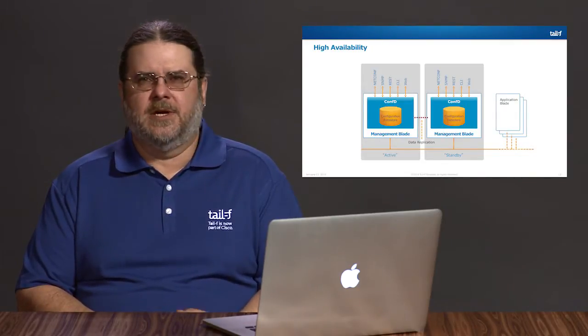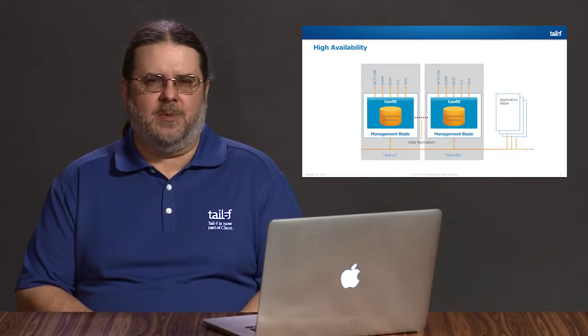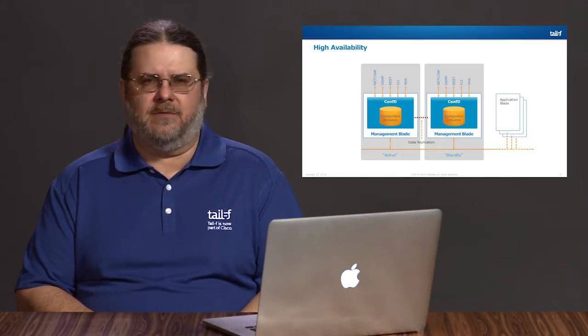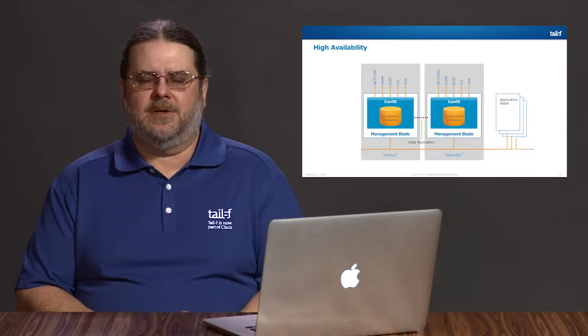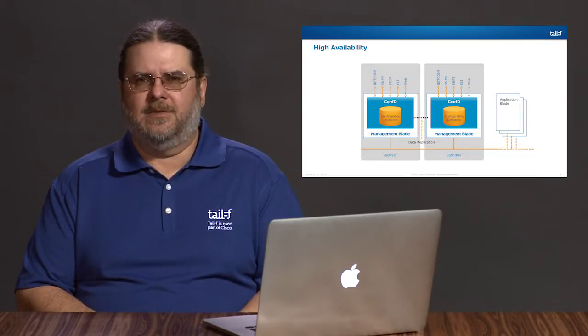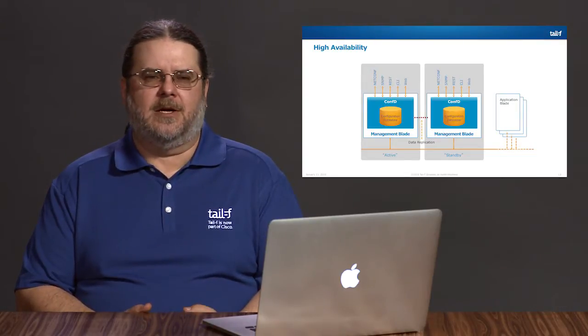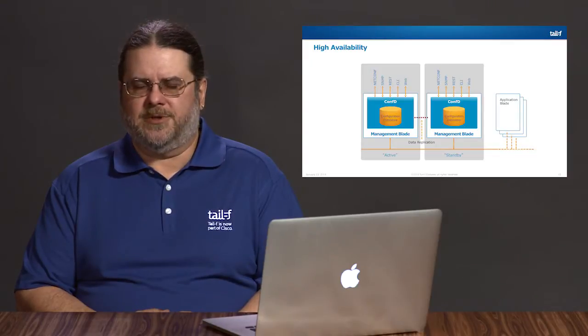ConfD provides control and monitoring APIs that get integrated into your high availability middleware in order to have that middleware control ConfD, telling ConfD whether it is the active, whether it is the standby, and various other configuration options.